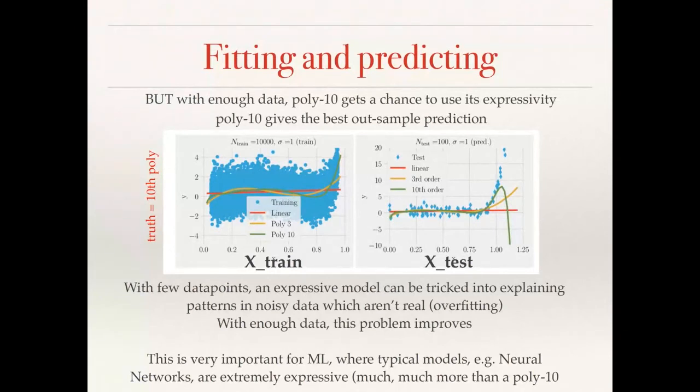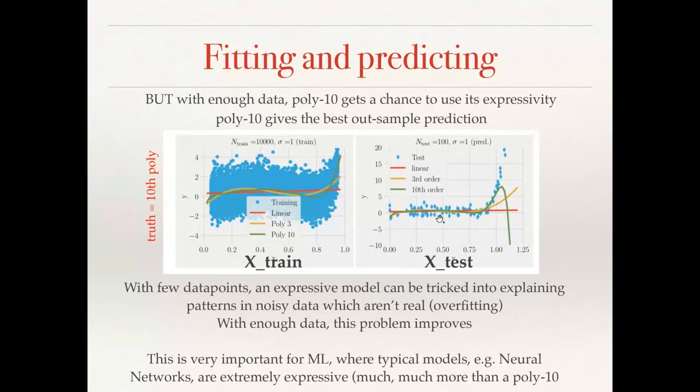Some of them start being true features of a 10th order polynomial. So when you try to see what's going on now with the fit you've done here and extend it to a larger range, now the 10th order polynomial is the one that has a better fit in a larger range.